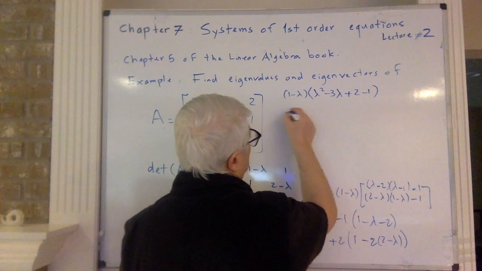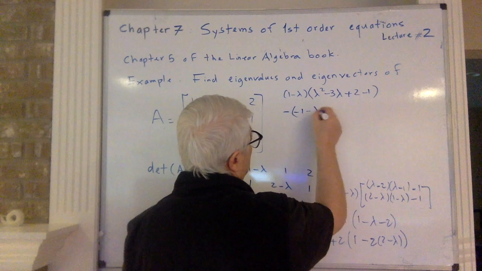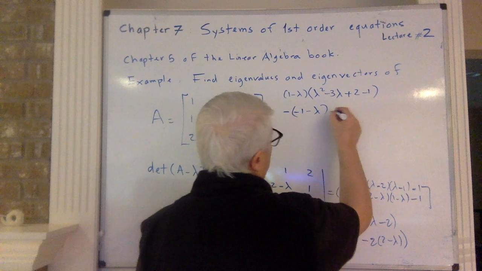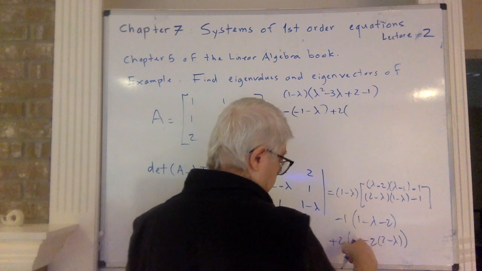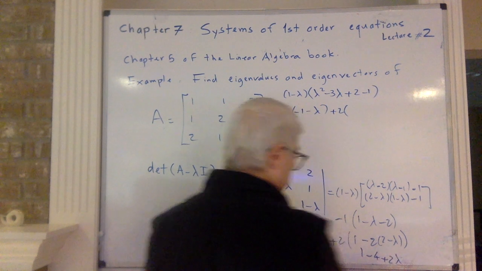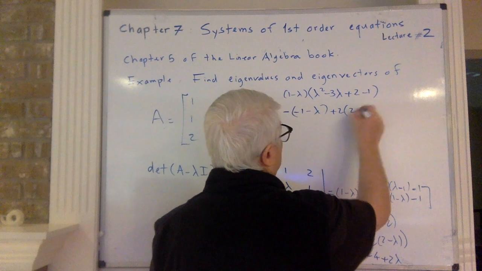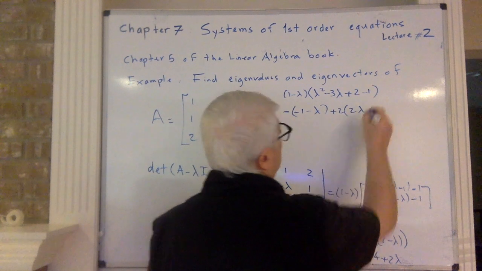This one is minus 1 minus 2 is minus 1 minus lambda, and this is plus 2 times that is 1 minus 4 plus 2 lambda, right? 1 minus 4 plus 2 lambda, so that's 2 lambda minus 3.